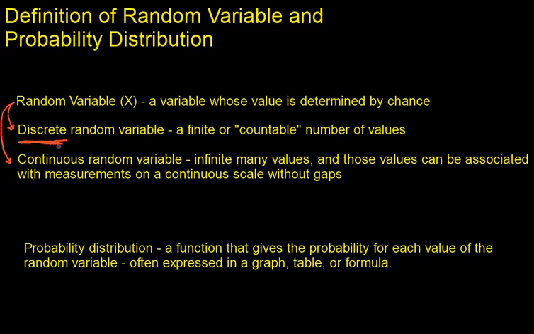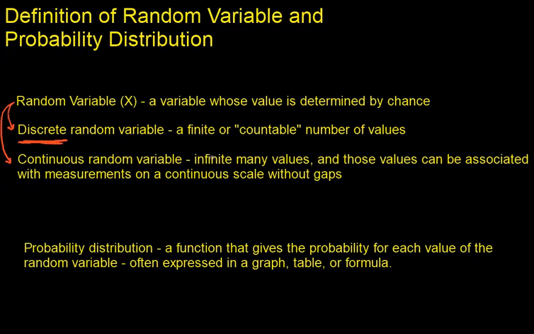So discrete random variables are random variables that are finite or countable. So this would be, for example, counting the number of cars in a parking lot, right? That's random day to day, and it's a discrete count. There's 1 car, 2 cars, 3 cars, however many cars are in the parking lot.